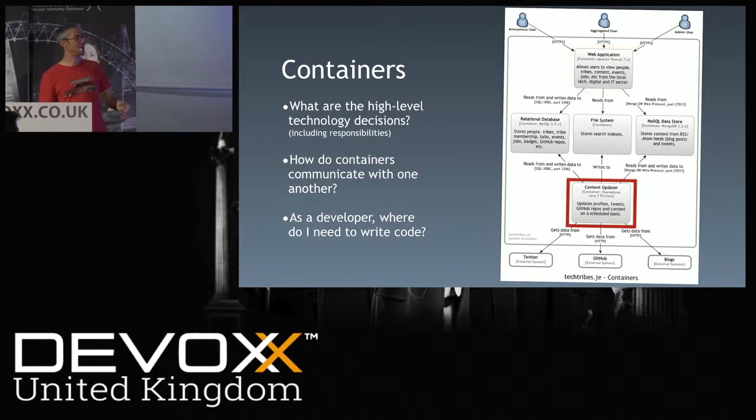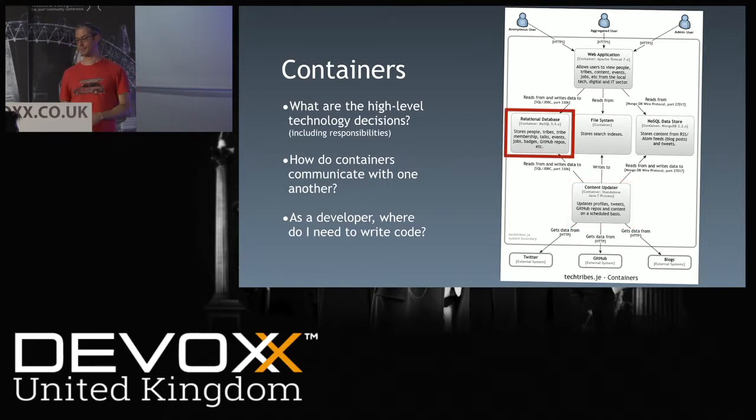There's a standalone process at the bottom. It's the thing that reaches out to Twitter, GitHub, blogs, pulls data back, and all of that data is being stored in that middle trio of boxes. There's a MySQL database storing that stuff. There's a MongoDB store storing tweets and blog posts, and there's a file system in the middle.